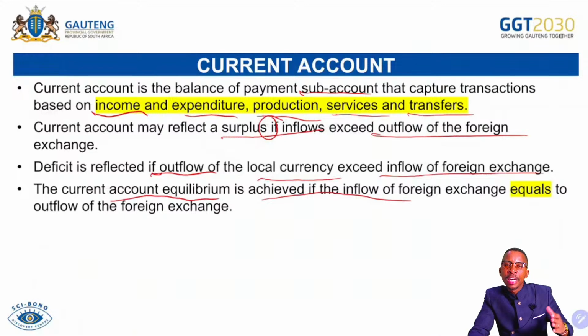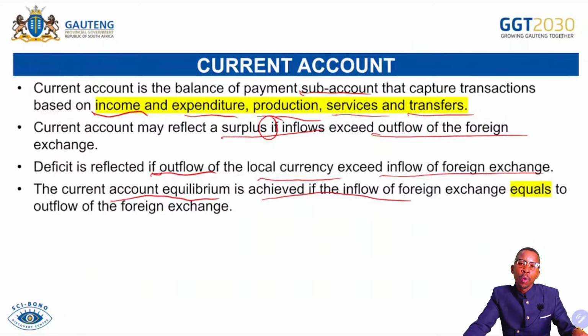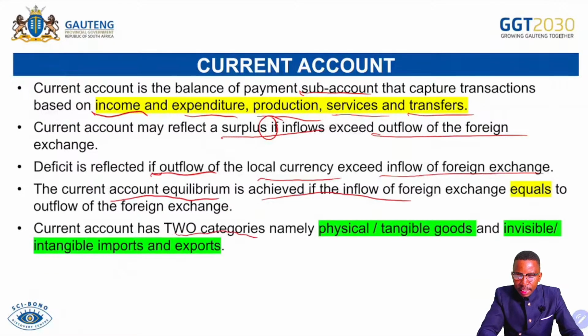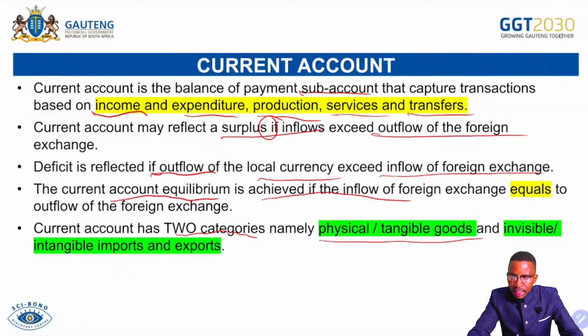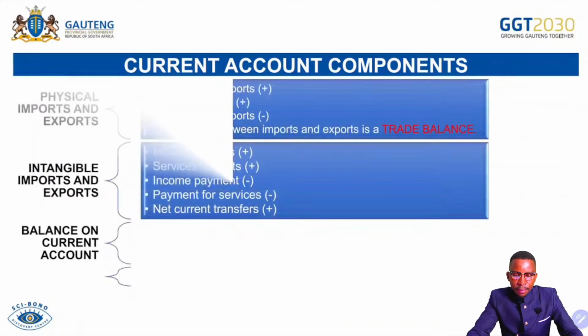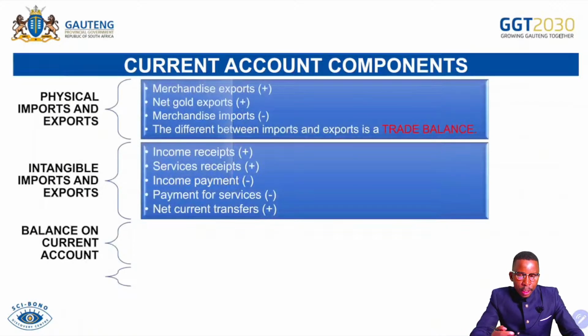So when the inflow of foreign currency is equal to the outflow of domestic currency, we say we have current account equilibrium. The current account has two categories, namely physical or tangible goods, as well as invisible or intangible imports and exports.